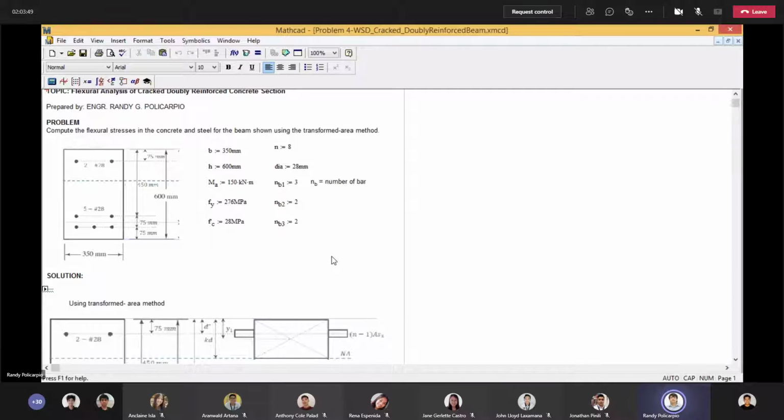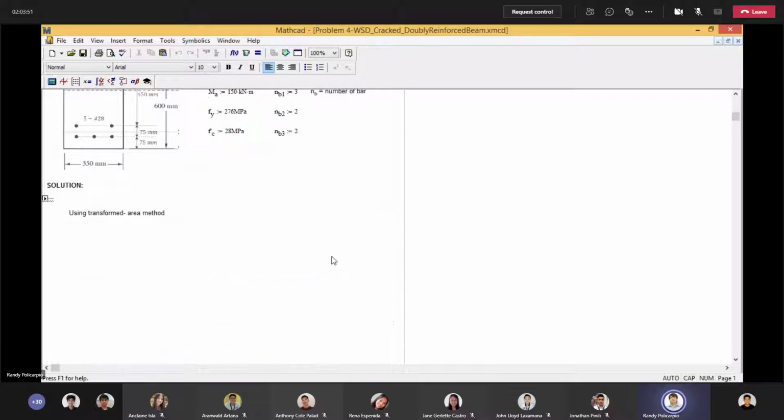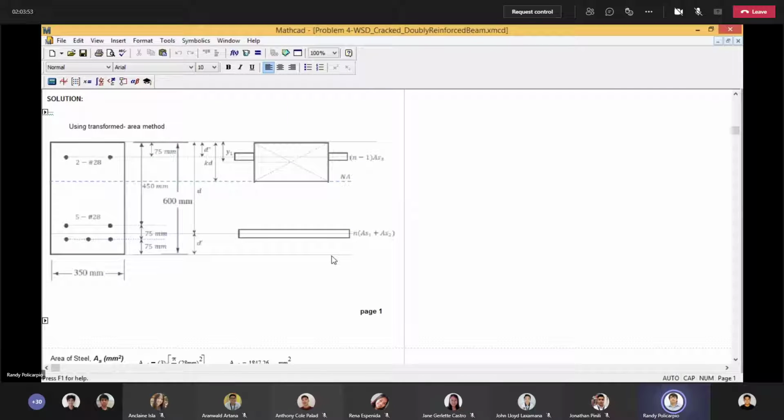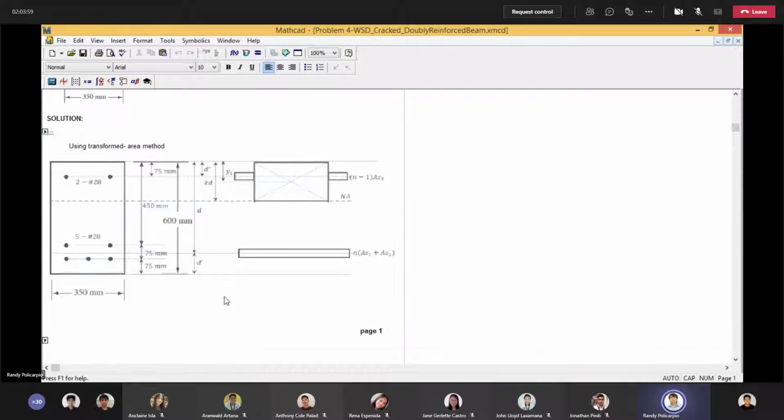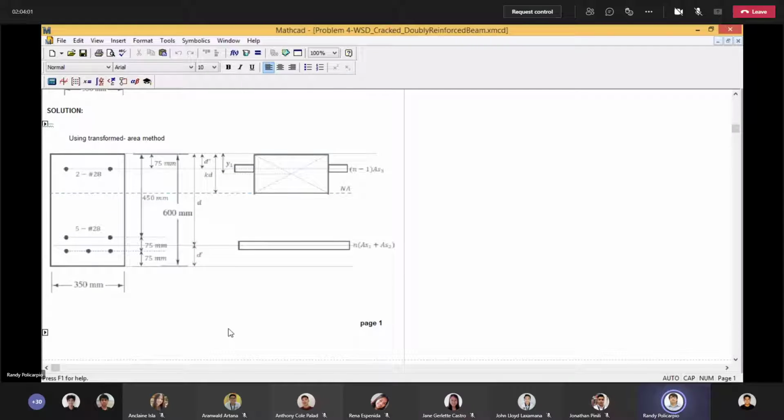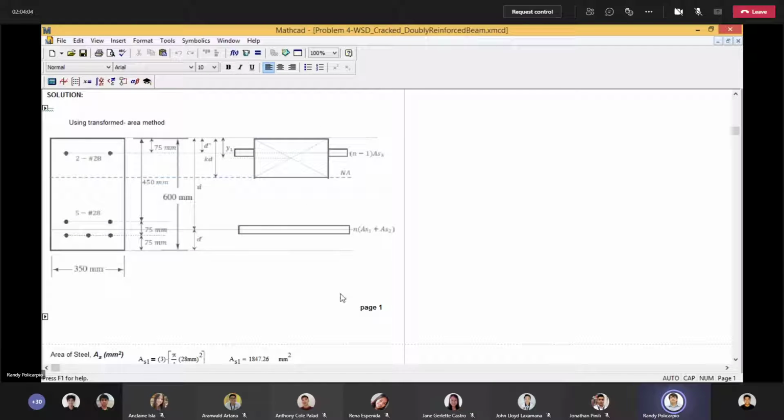Okay, so let us compute. The equivalent or the transformed area of our section, if this is a cracked section, ito yung kanyang equivalent. So mapapansin natin, ito yung sa concrete, tapos ito naman yung para sa steel.